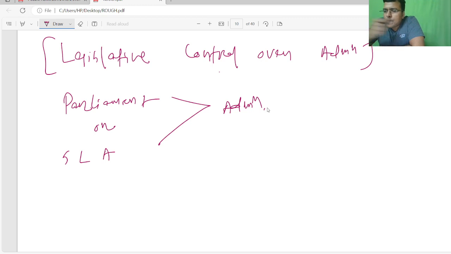Quick. Theorist who said administration should be controlled by legislation, or legislation should control administration. Unit 1, just tell me the theorist and the topic. Quick.